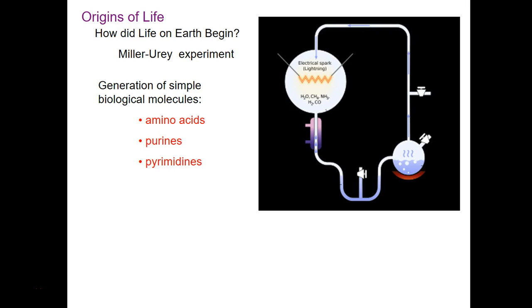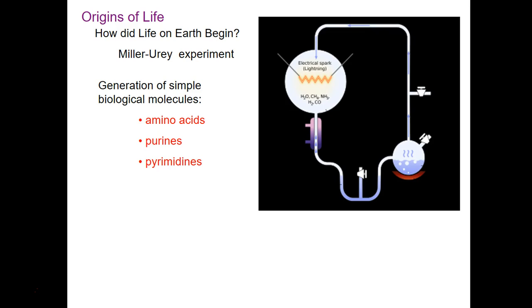They let this system run for a couple of days and found after a few days that in the water were amino acids, purines, and pyrimidines. Purines and pyrimidines are your nucleic acid bases. So we were talking about things like adenine and thymine. So we've got some biological type molecules that were in this water.